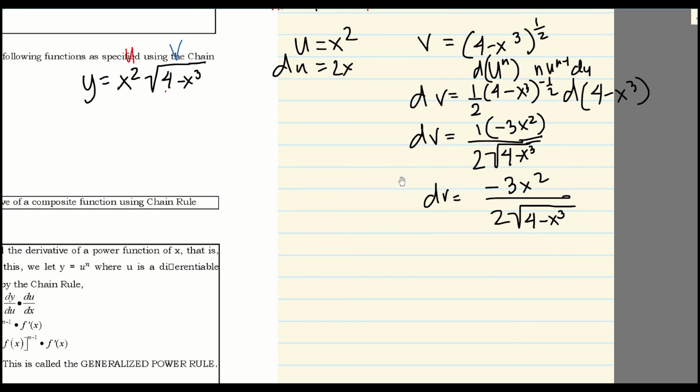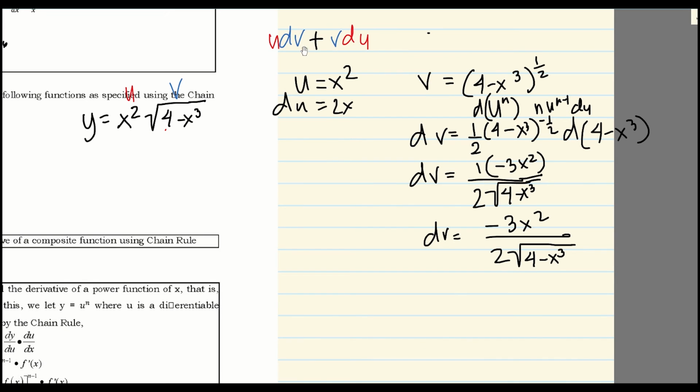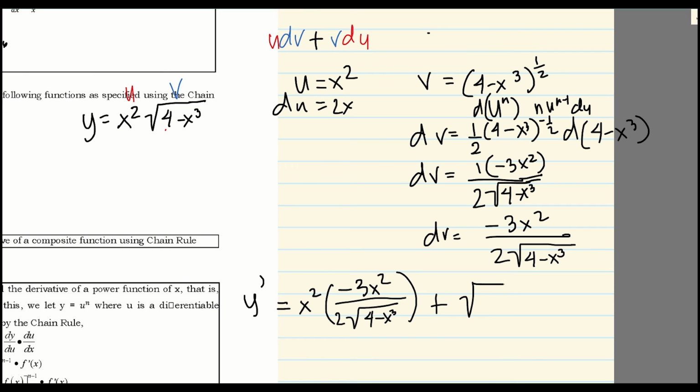Now we will have to use this one. Our u is x squared. Our dv is negative 3x squared over 2 times the square root of 4 minus x cubed, and our v is the square root of 4 minus x cubed, times our du, which is 2x.